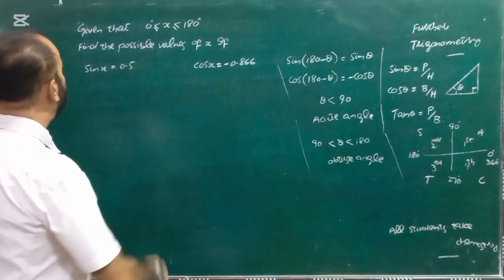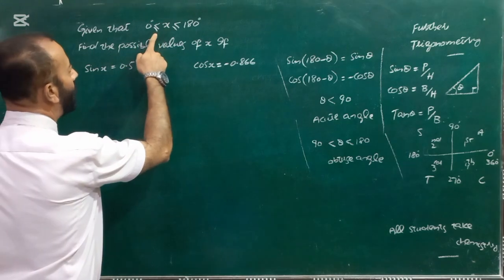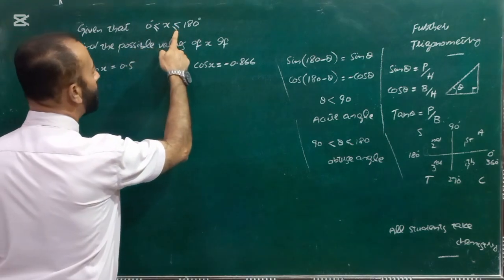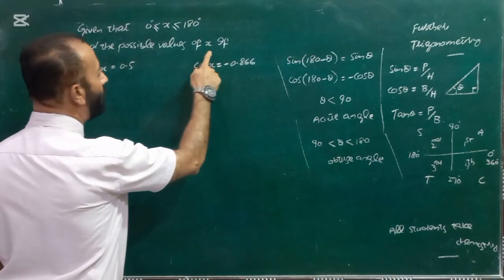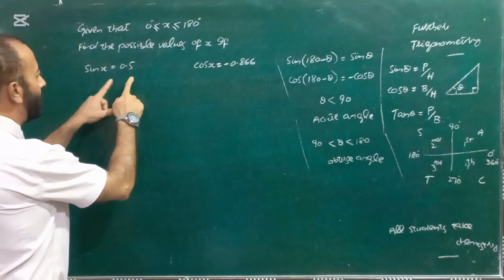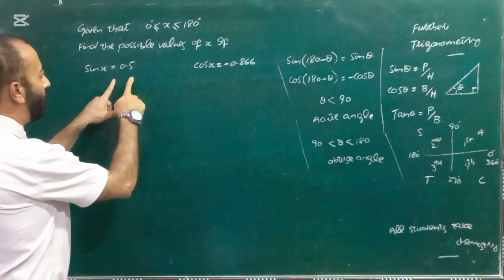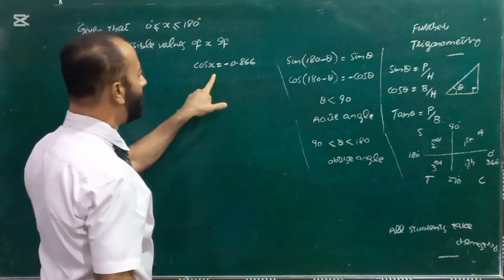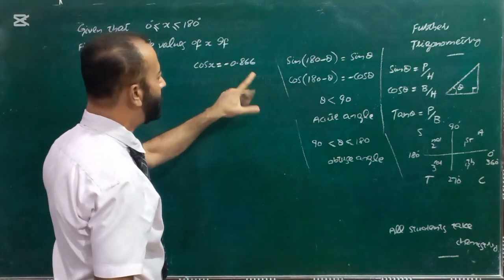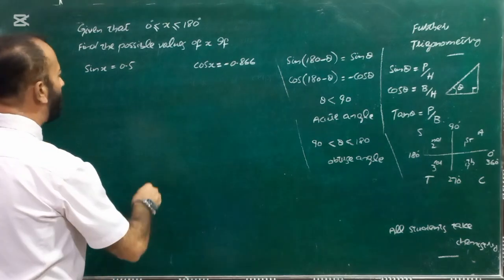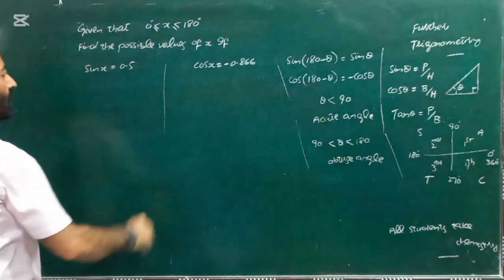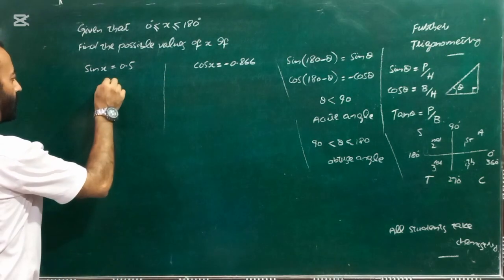Other question is here, given that x is greater than or equal to 0 degree and lesser than or equal to 180 degree. Find the possible values of x if sin x is equal to 0.5 and cos x is equal to minus 0.866. So concentrate yourself. If this kind of the question comes in the paper, the method to solve it.